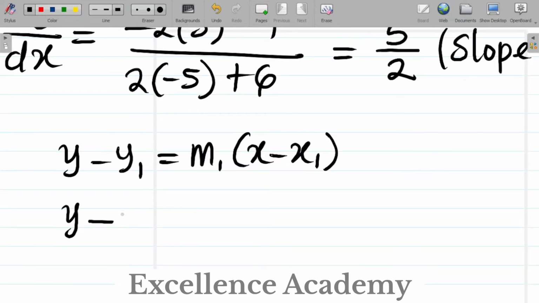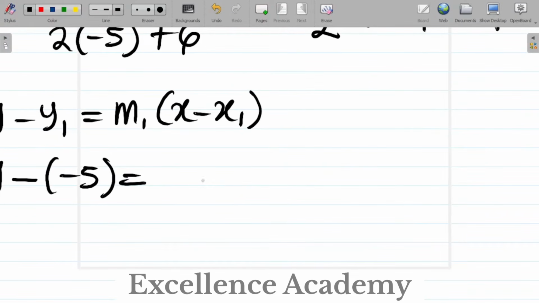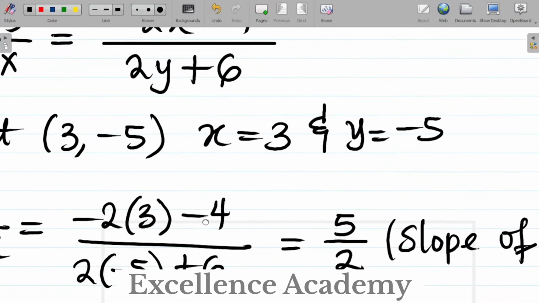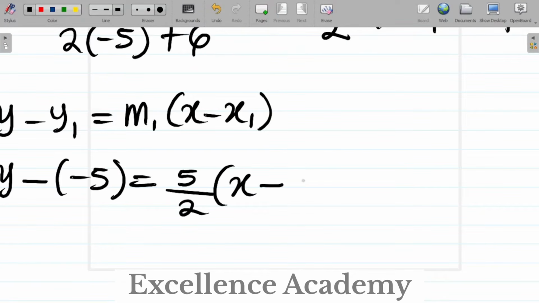So y minus y1 is minus 5. It's equal to m1, your slope, which is 5 over 2, into x minus x1, which is 3.